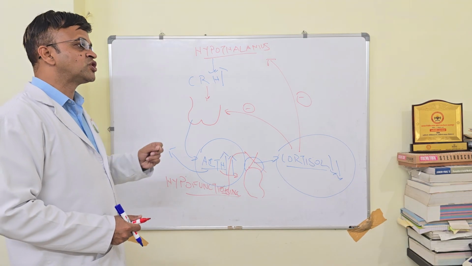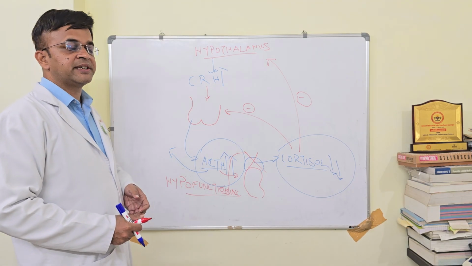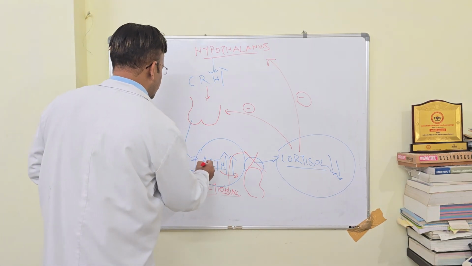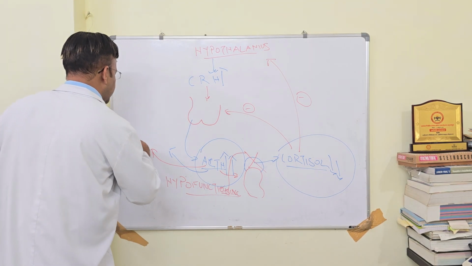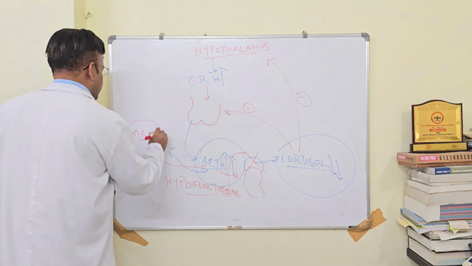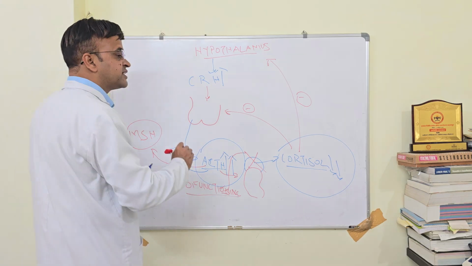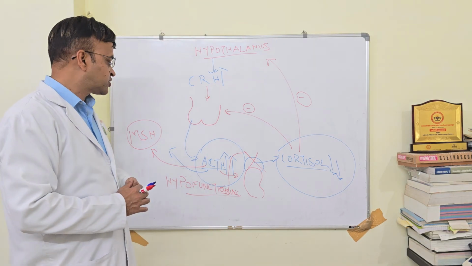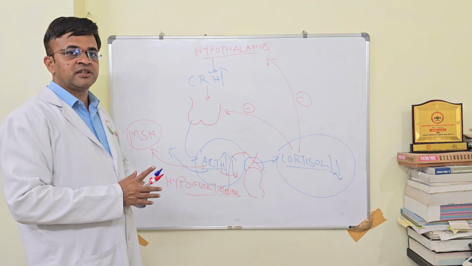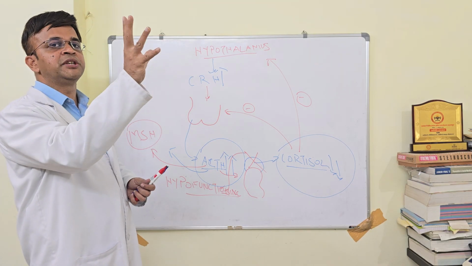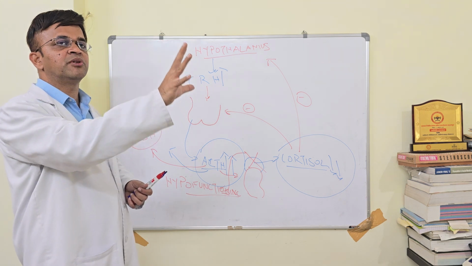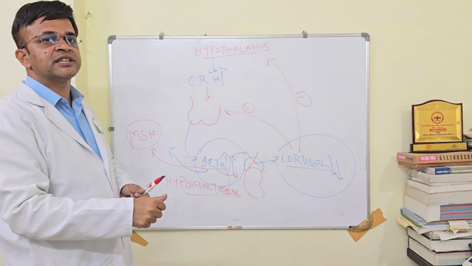This will bring us to an interesting topic of molecular mimicry, right? The structure of the ACTH is very similar to another compound called MSH. MSH is your melanocyte stimulating hormone. So structure of ACTH is very similar to MSH. So melanocytes are not able to distinguish between a molecule of MSH and a molecule of ACTH.